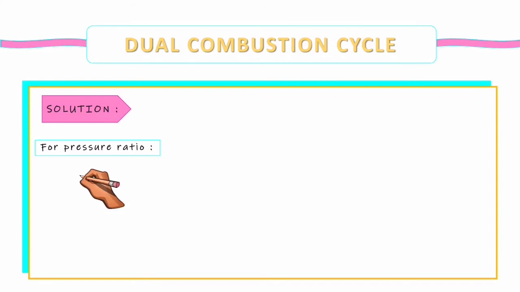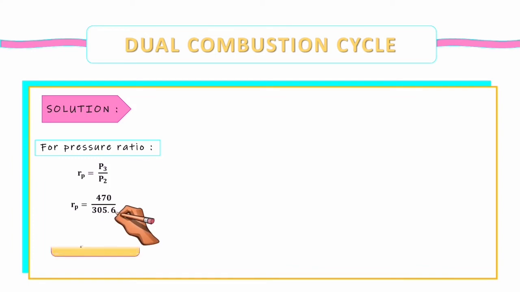But for now, let's try to use Rp is equals to P3 over P2. Substituting the given values, Rp is equals to 470 over 305.6. So, pressure ratio is equals to 1.54.